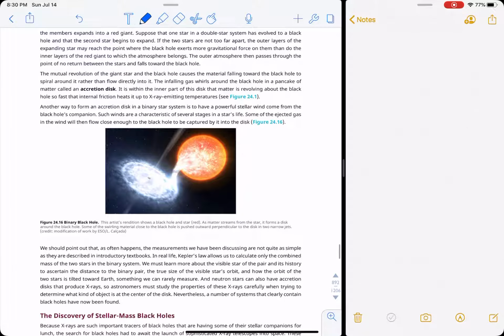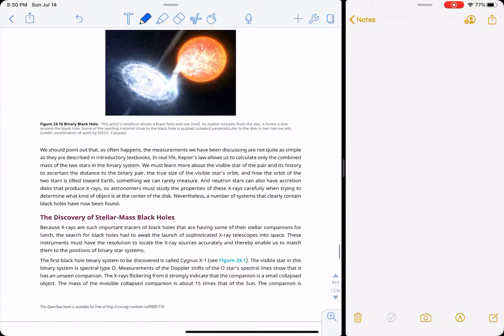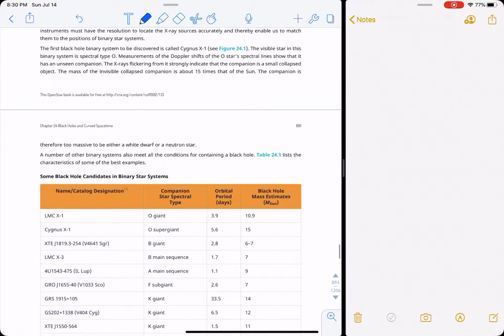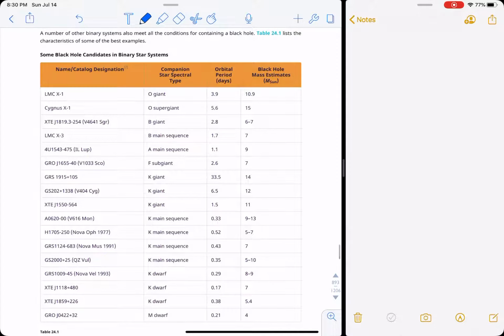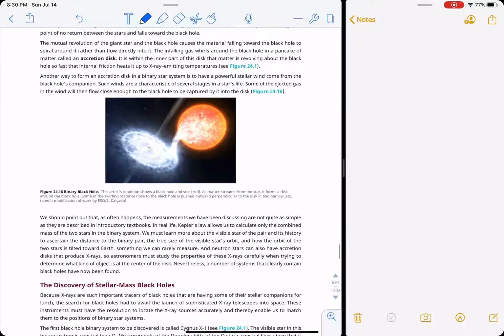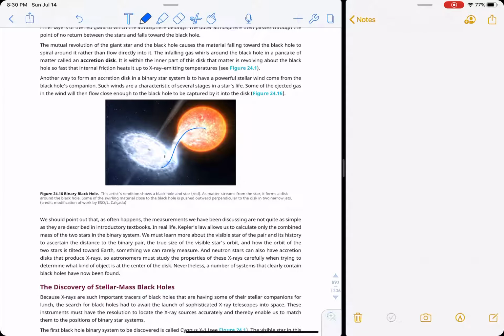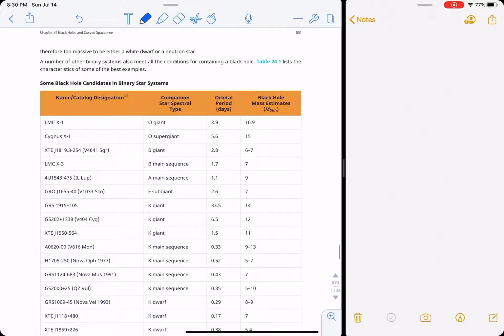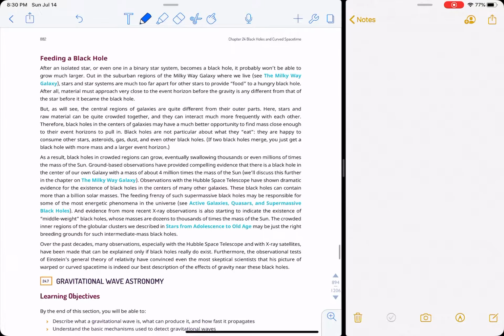Sometimes we see these accretion disks that show that something is heating these up into a super bright thing. These are some black holes in a binary star system, where one of the stars is feeding some matter onto the black hole, and the black hole is energizing it to be these giant jets. So these are some candidates.